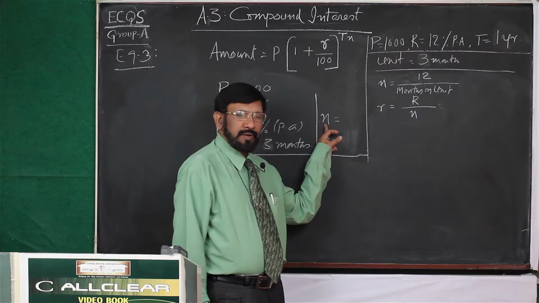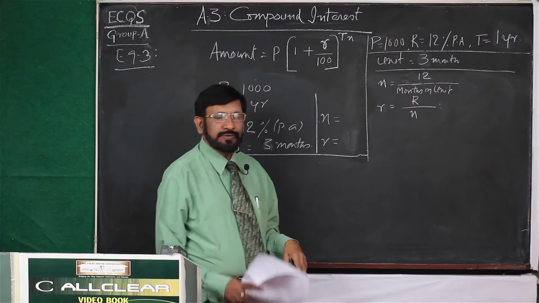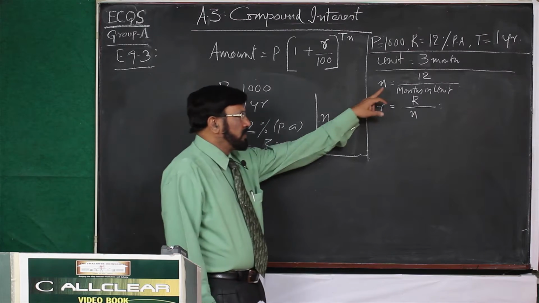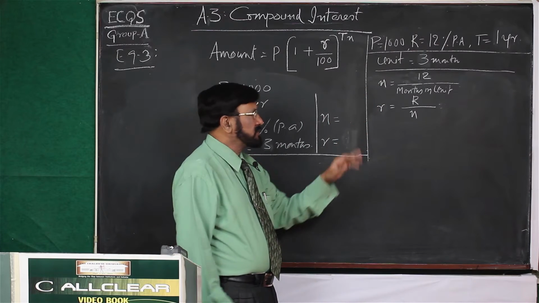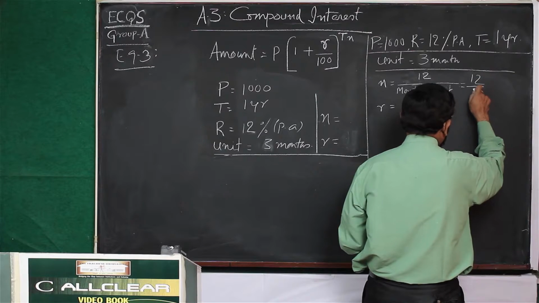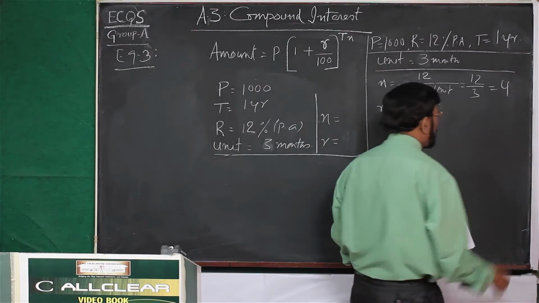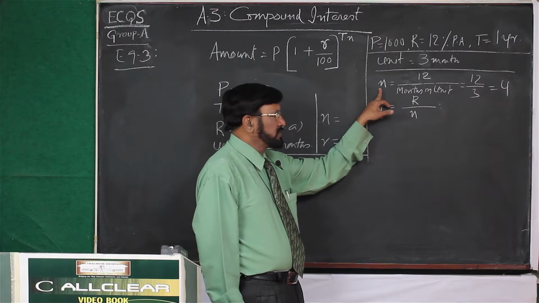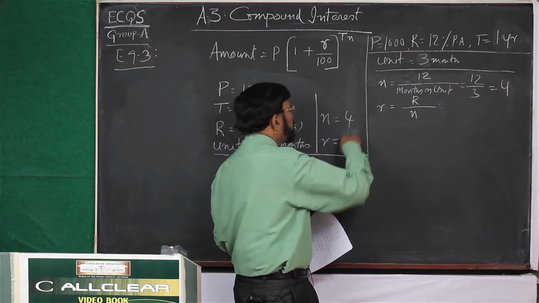Then we have to calculate N and R with reference to the unit period of 3 months. So, how many unit periods are there within 12 months? That is 4, 12 by 3. 4 unit periods are there within 12 months, N is equal to 4.